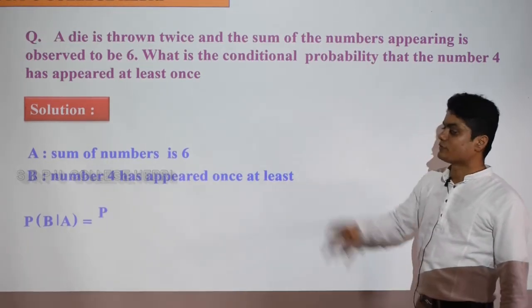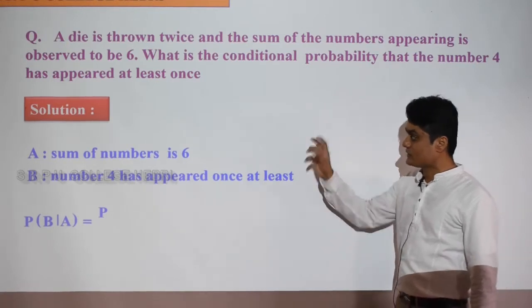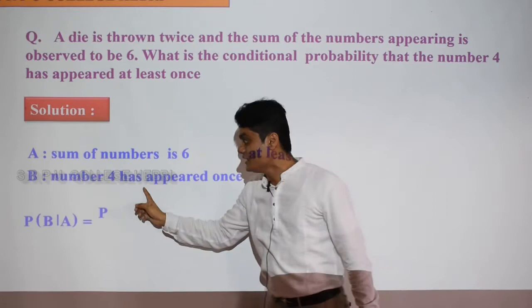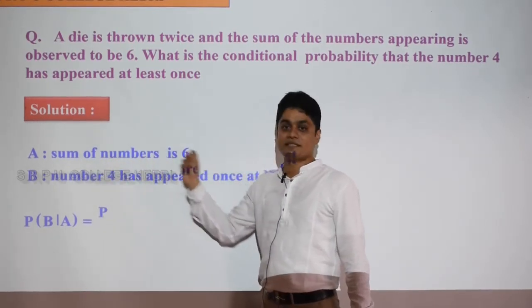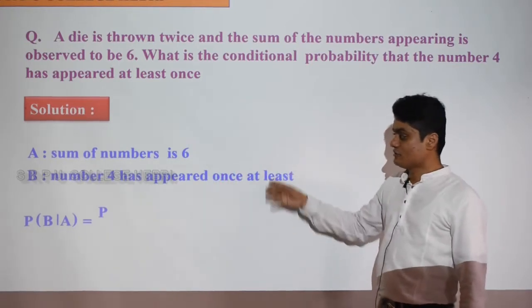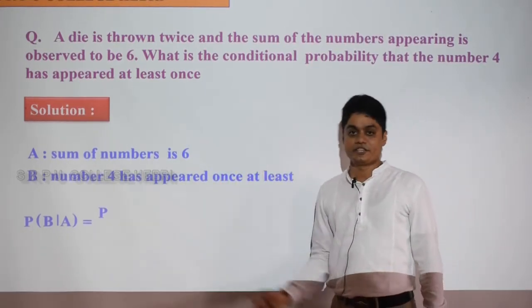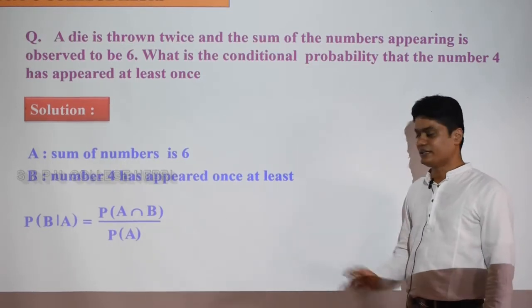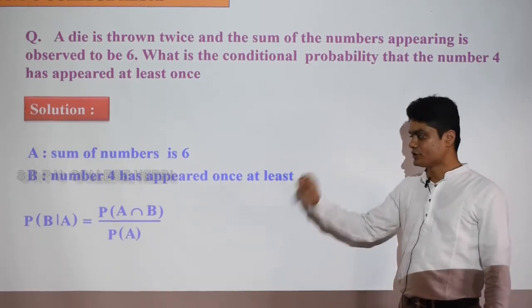Here I'll write down the formula and what is required. Probability that number 4 appears at least once is B, under the condition that the sum of numbers is 6. So find the probability of B given A, the conditional probability of B under the condition A. Write the formula once, and you will get a clear idea of what is needed. Find those things and substitute, you will get the answer.